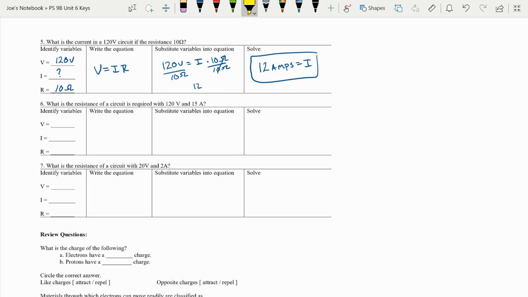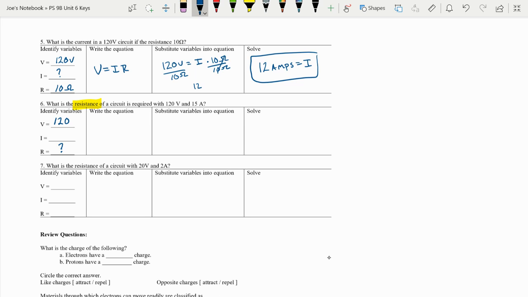Now we have a little bit different one with number 6. We're looking for the resistance. It tells us that right off the bat. What is the resistance of a circuit with 120 volts and 15 amps?